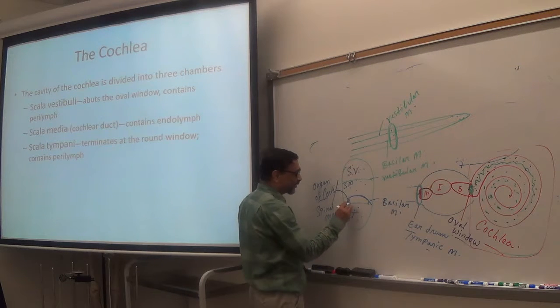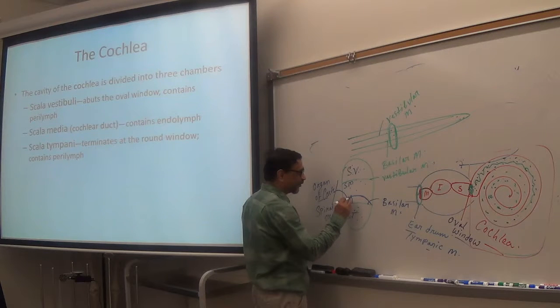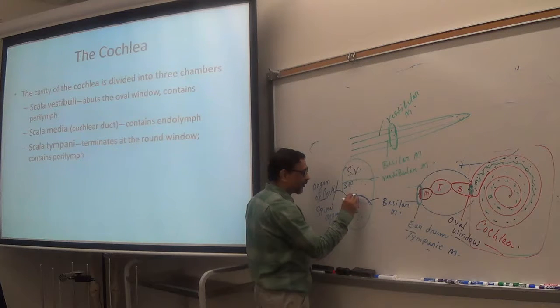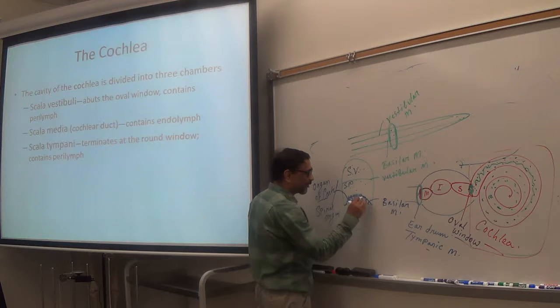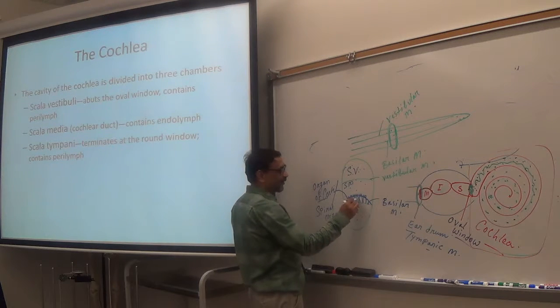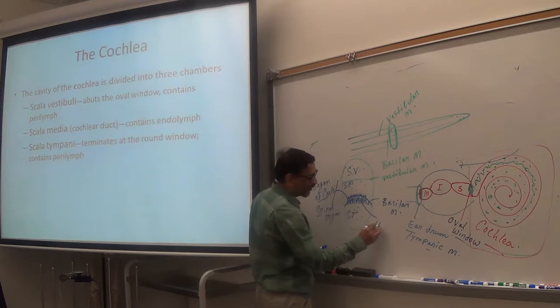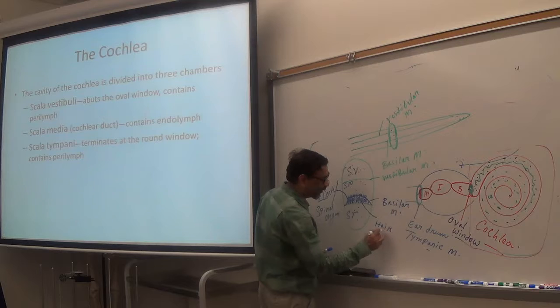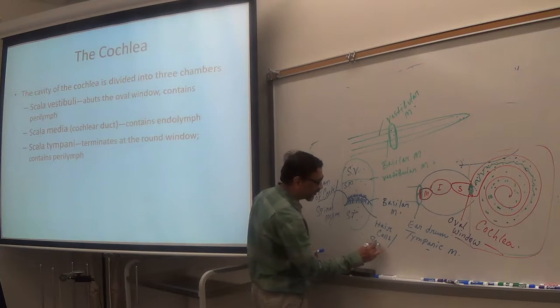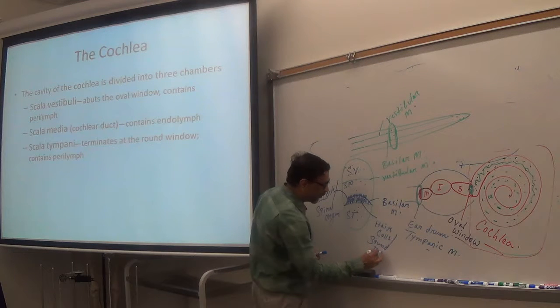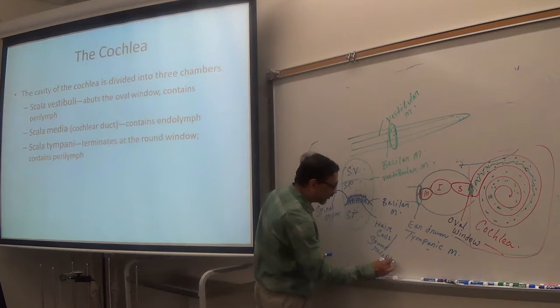So these are the hair cells you see here, and on the hair cells you have hair. So these are the sound receptor cells. Okay, nucleus. So these are the hair cells or sound receptor cells.